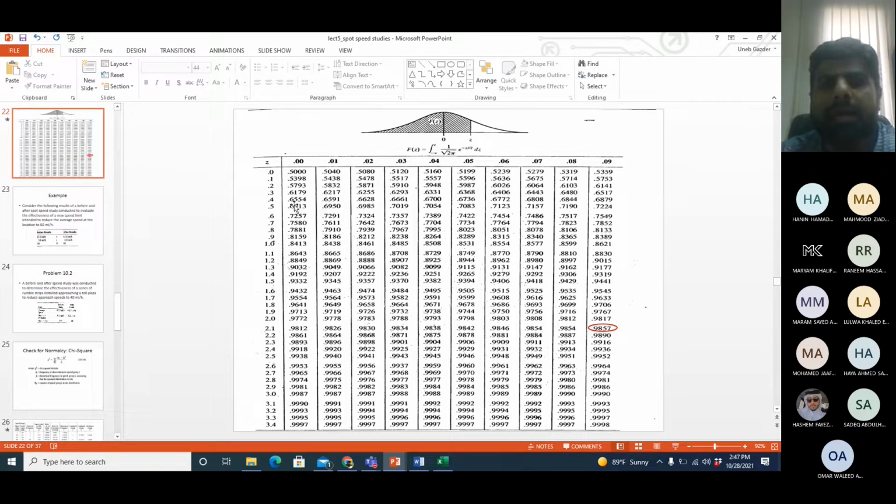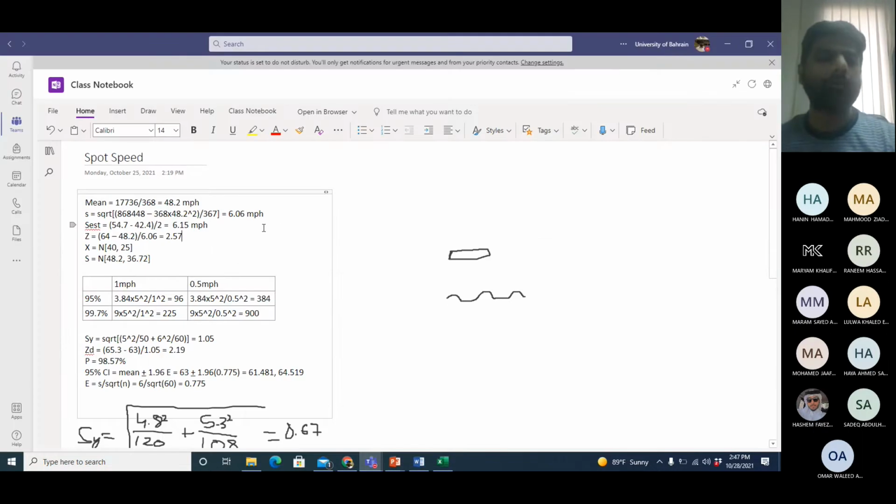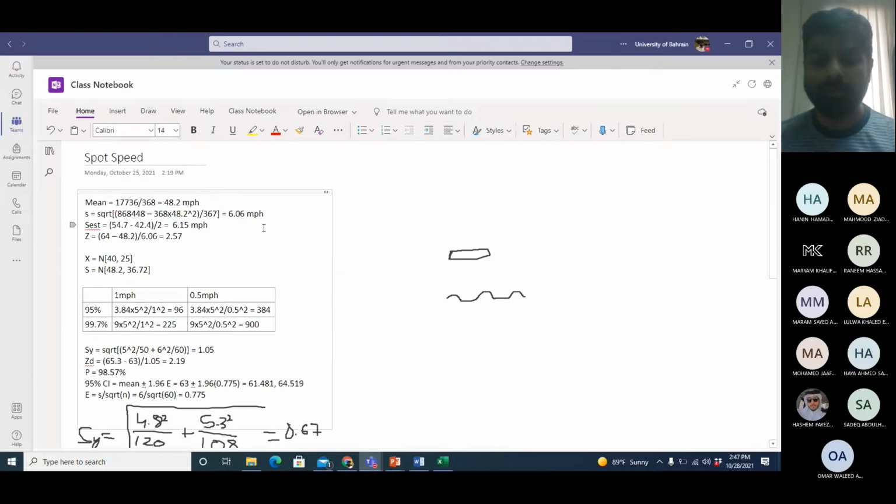It's simple. Find out the probability without the sign. So you will find out the probability of 0.03, just 0.03, which is this one, 0.0 and then 0.03. So 0.5120. So the probability of 0.03 is 0.5120. Now how do I calculate the probability of minus 0.03?